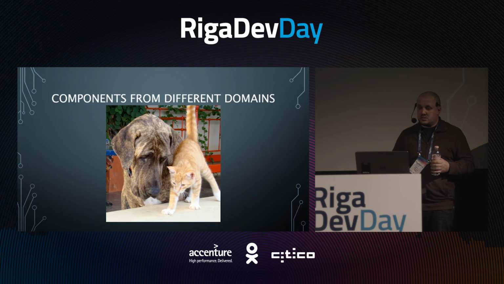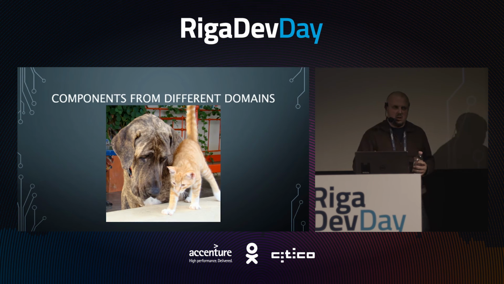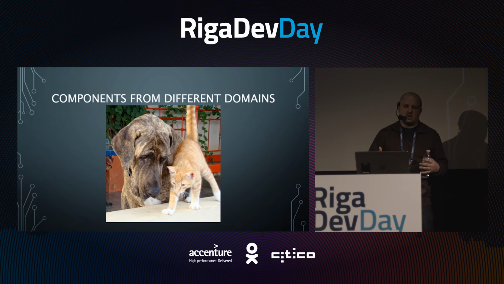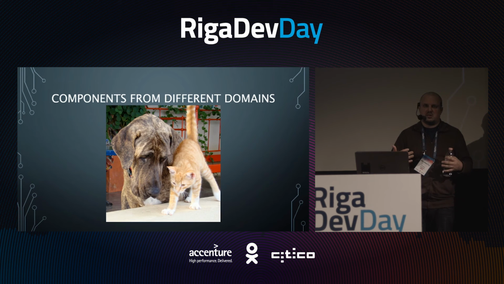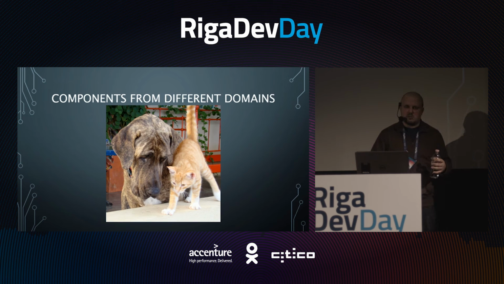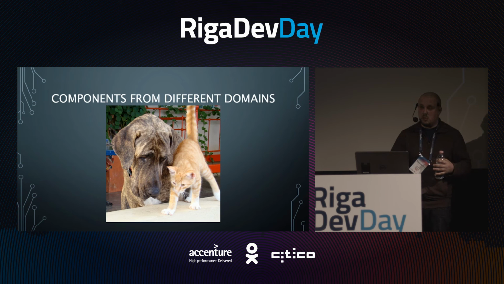When your components serve data or do some logic from different domains, it's also quite dangerous to mix things together, because even in different domains, things may have the same or similar names, and putting them into one application is going to confuse developers quite a lot. I'm not even talking about a newbie who comes and changes some classes related to a different business domain, and the rest of the team spends a lot of time trying to figure out what was done.